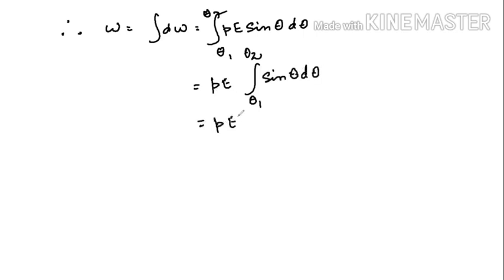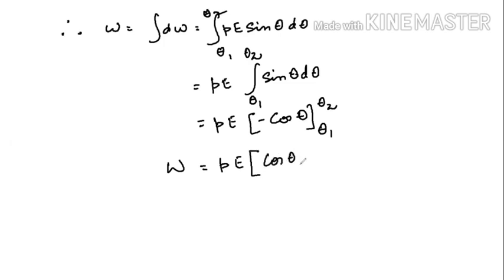Okay, so you do the integration, so you get how much? Integration of sine theta is nothing but minus of cos theta, with theta 1 as the lower limit and theta 2 as the upper limit. So when you replace this upper limit and lower limit in this cos theta function, you get cos theta 1 minus cos theta 2, because you have a minus sign here, so that minus sign is getting calculated here.